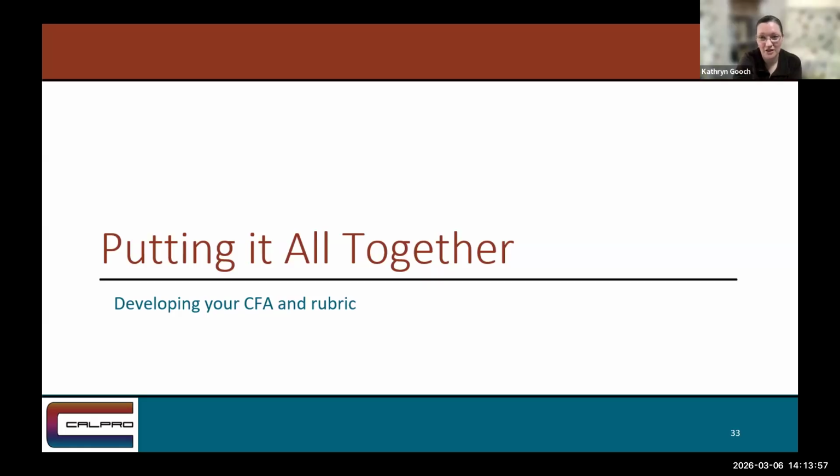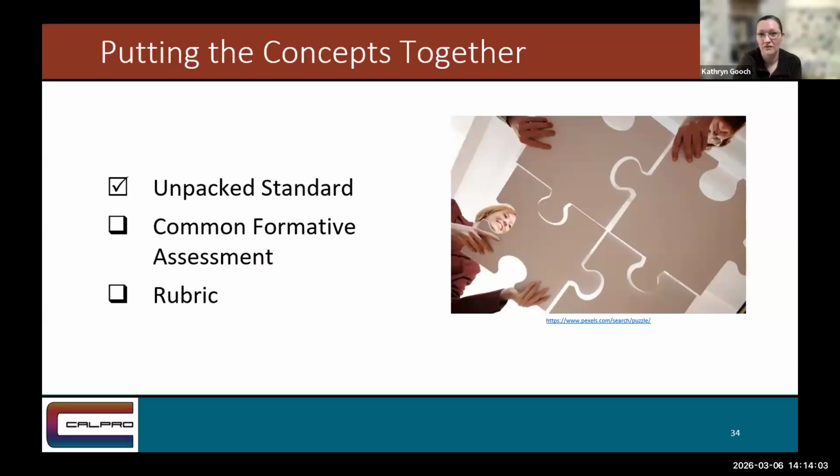We don't even have to know what students are studying. We don't have to know what unit they're in. We don't have to know if they're working on housing or if they're working on XYZ. We can use the standard to guide a prompt of a CFA and then create a rubric without knowing what students are talking about as far as topically.